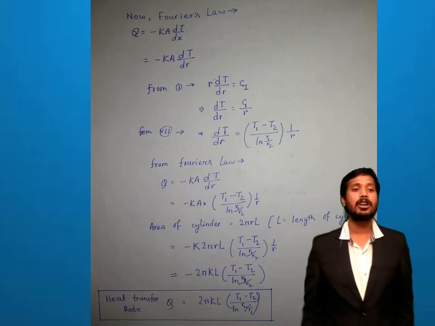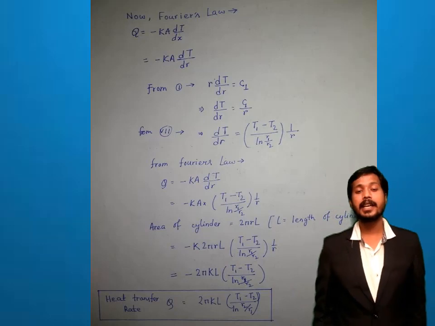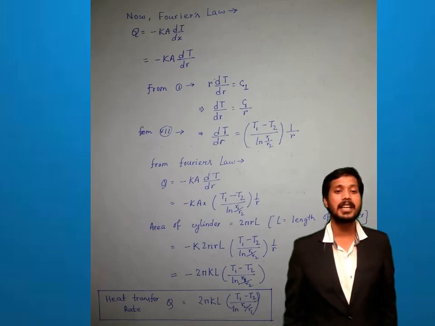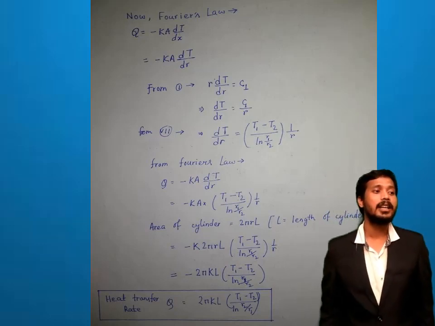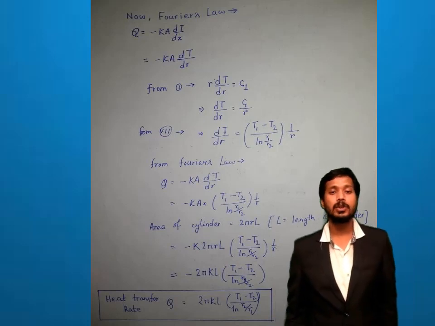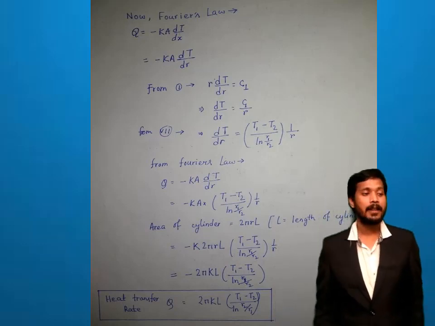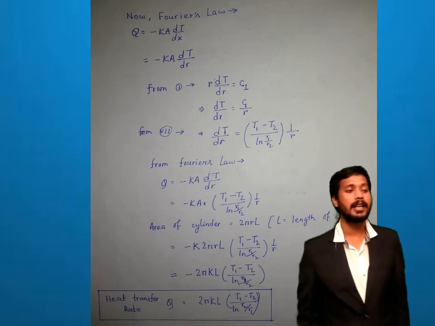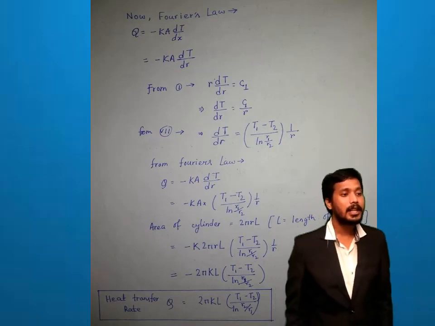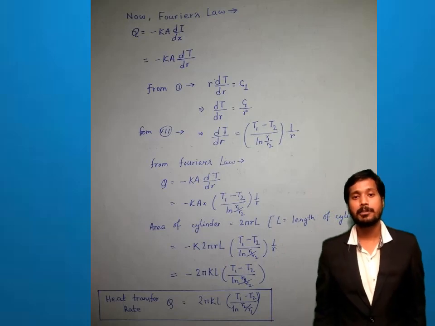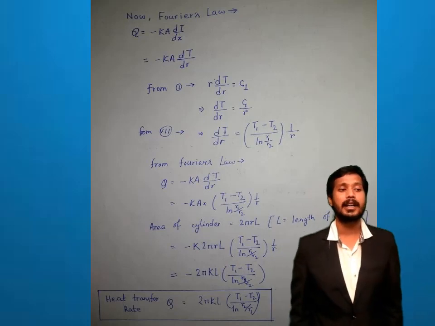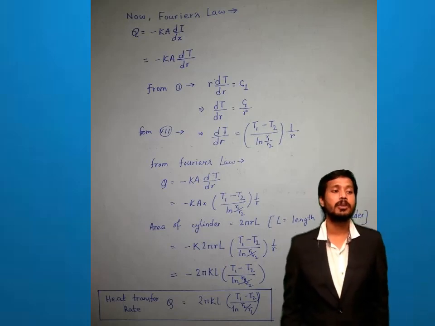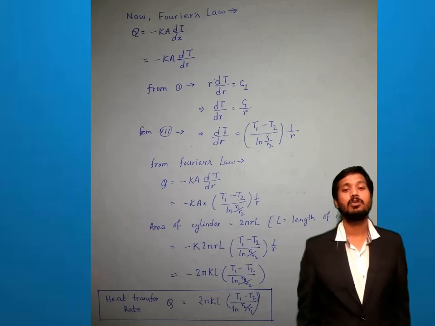So from Fourier's law finally we calculate minus KA into dT by dr, which is minus KA into T1 minus T2 by ln of R1 by R2 into 1 by r. The area of a cylinder we know the formula is 2 pi RL, where L is the length of the cylinder. So if we replace the value, Q equals 2 pi RL into T1 minus T2 by ln of R1 by R2 into 1 by r.